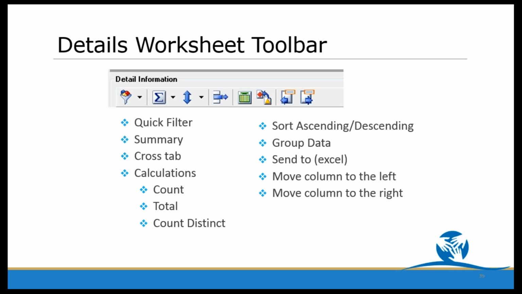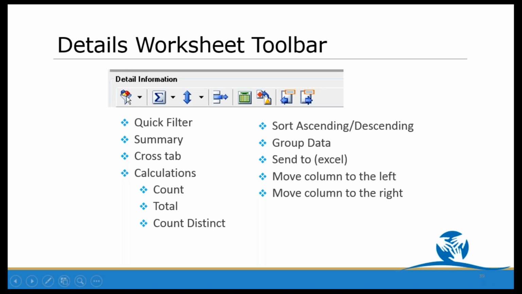Now the details worksheet toolbar is the information that when you generate your report and you click on Workbook, all of that information is going to come in the details pane, which is on the bottom part of the screen. So you'll notice that that one definitely has different toolbars.